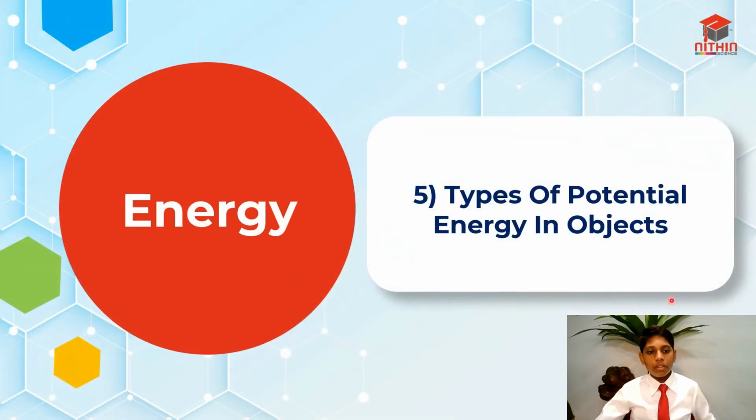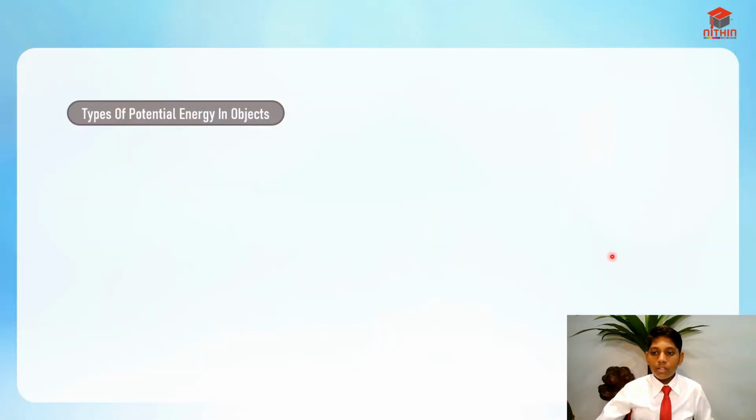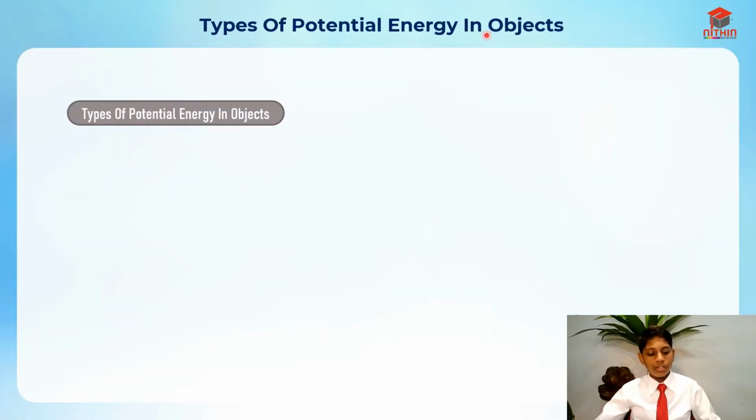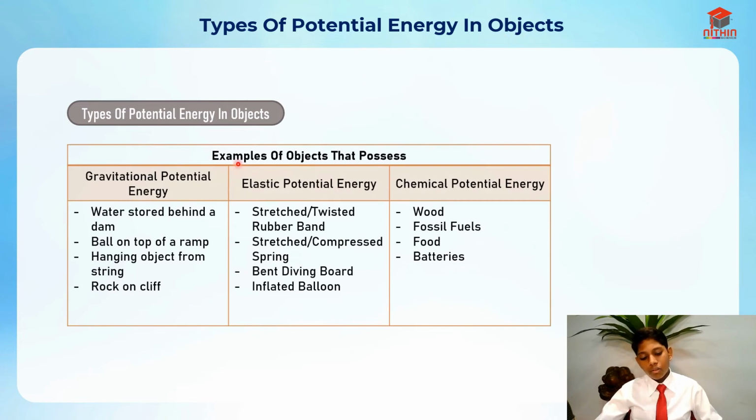For the first segment of this video, I'm going to go through the types of potential energy in objects. So what are the types of potential energy in objects? First, gravitational potential energy: water stored behind a dam, a ball on top of a ramp, a hanging object from a string, a rock on a cliff.